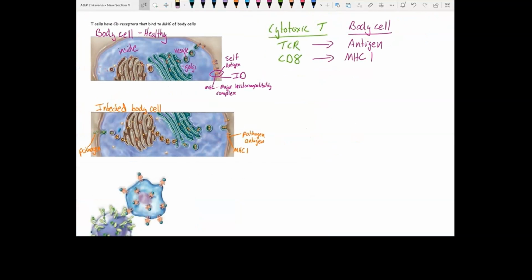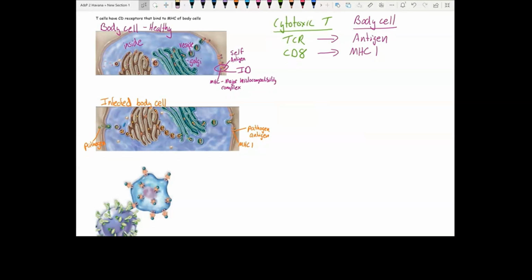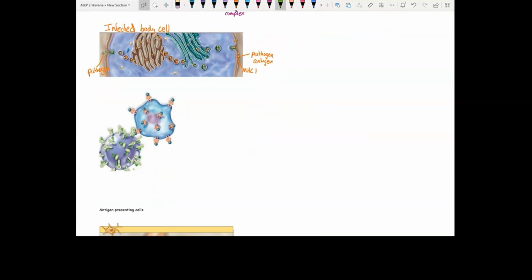So let's look at what happens when a T cell encounters a body cell. Here is our T cell, so this cytotoxic T, and this is a body cell. So a cytotoxic T cell will encounter a body cell.